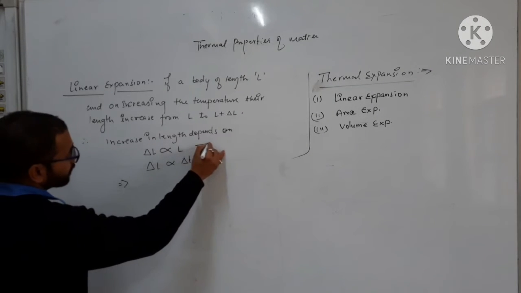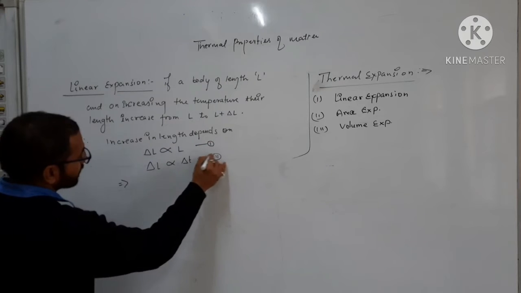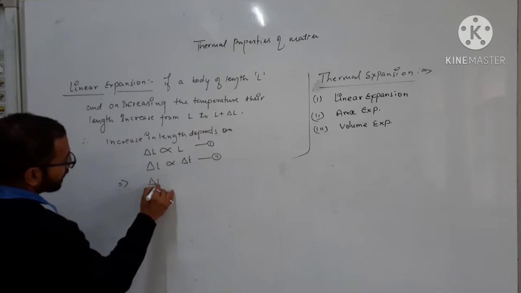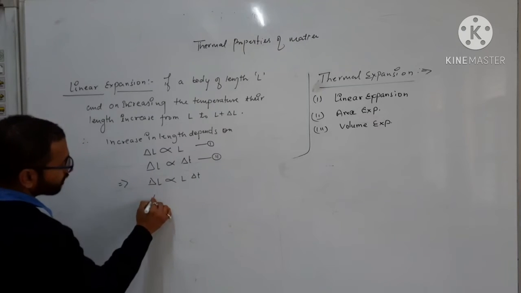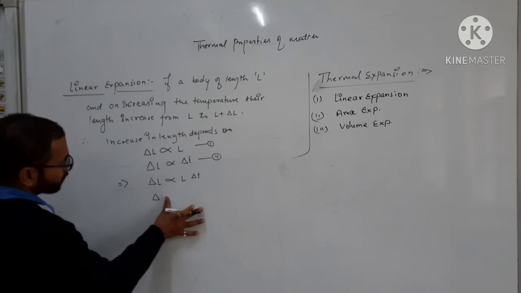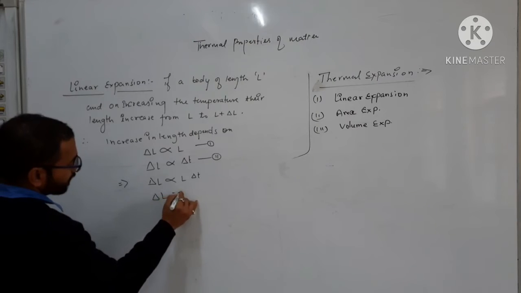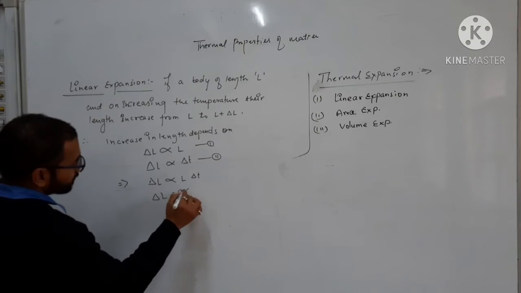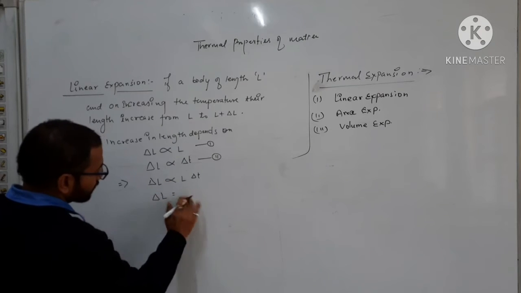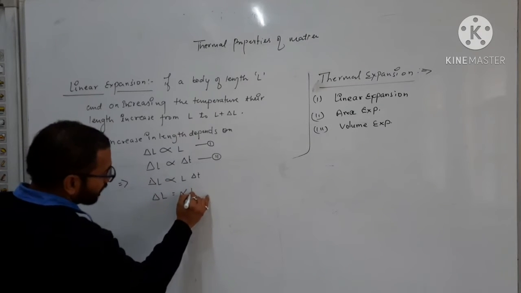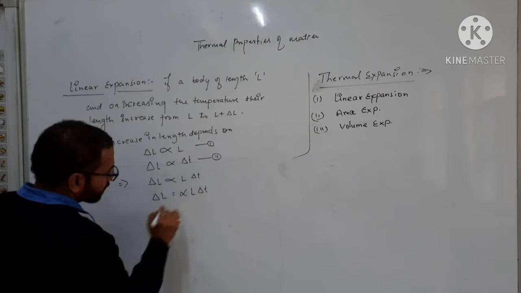From the first and second relations, we can write delta L is proportional to L delta T. When you remove the proportionality sign, you write a proportionality constant, alpha: delta L equals alpha into L into delta T.